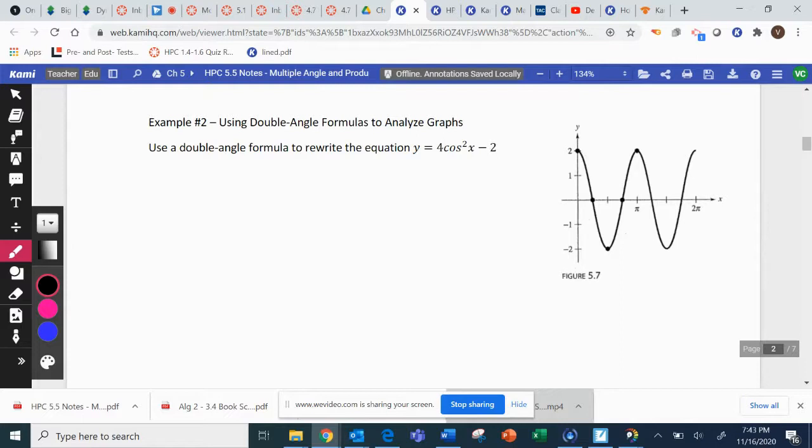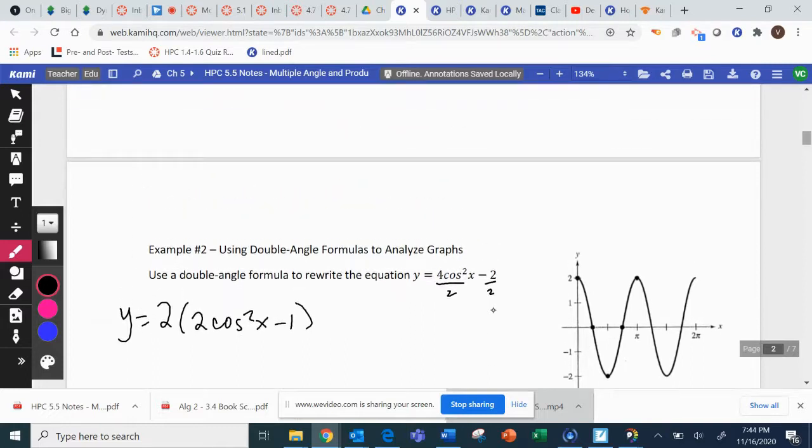Example 2, using a double angle formula to rewrite the equation. So we've got y equals 4 cosine squared x minus 2. If I can factor out a 2, and then I'm just going to go back to that formula for just a moment here. 2 cosine squared x minus 1.